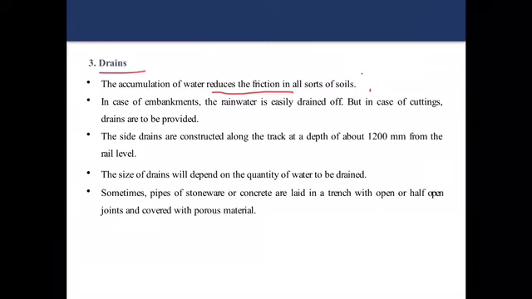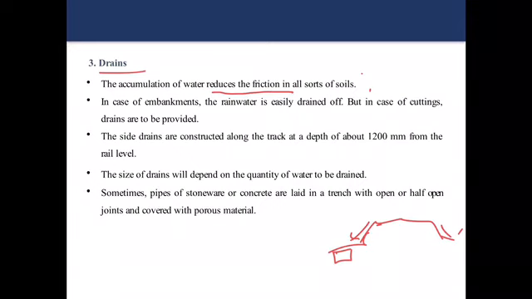So in case of embankment, the rainwater gets easily drained off because of the slopes you have on the embankment. The rainwater gets easily drained off and it can be carried away from the railway track with the help of the side drains. But in case of cutting, you need to provide the additional drains to drain the runoff water.